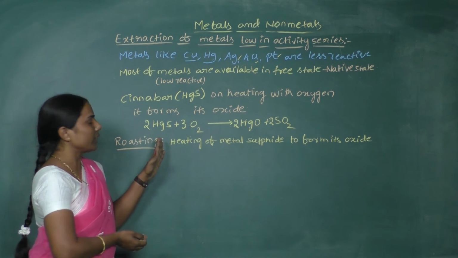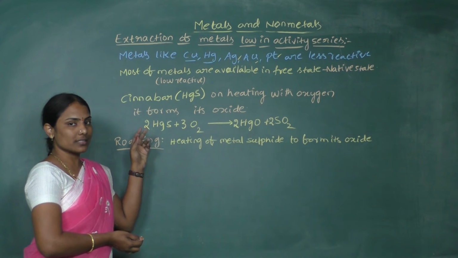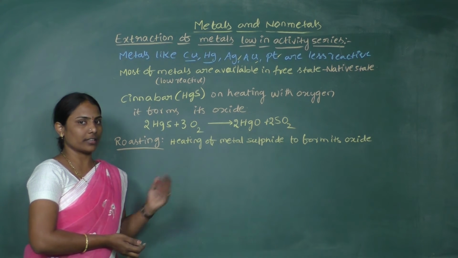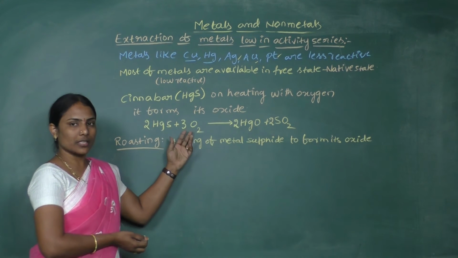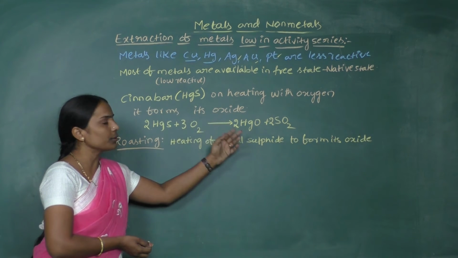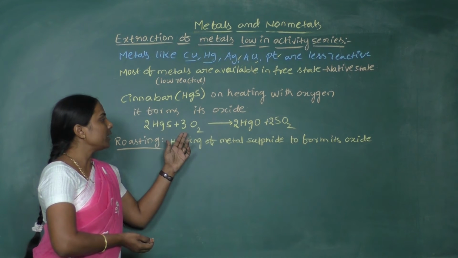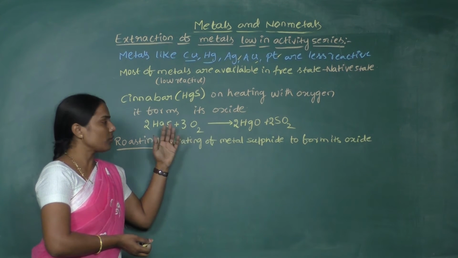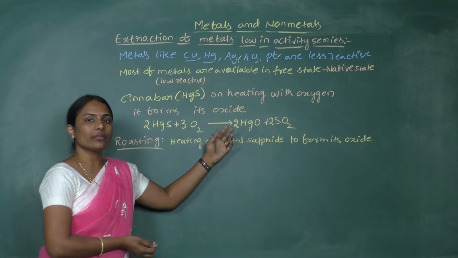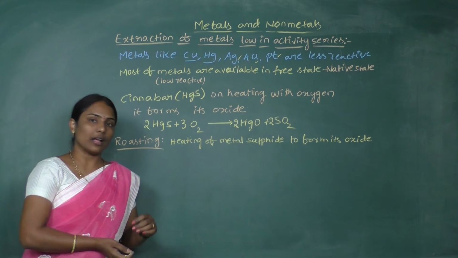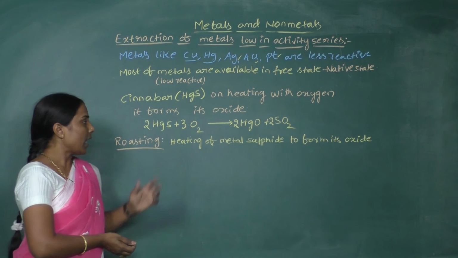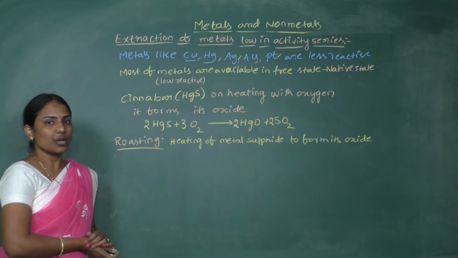If any given metal is available as its sulfide in the earth's crust, then the sulfide of the given metal can be oxidized or converted into its oxide by heating in excess of oxygen, so that it will be converted into oxide, plus a large quantity of sulfur dioxide will also be released, right? And this process we simply call roasting.